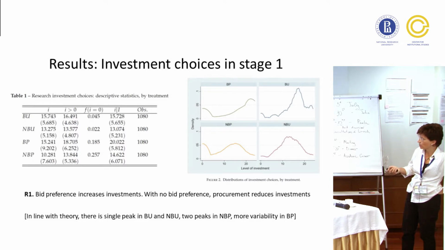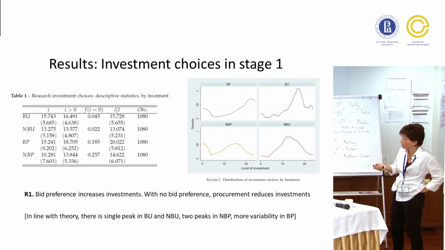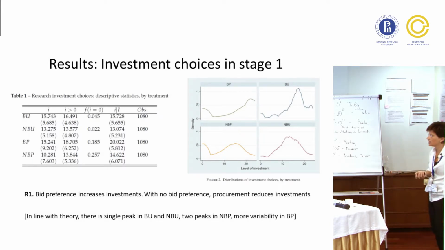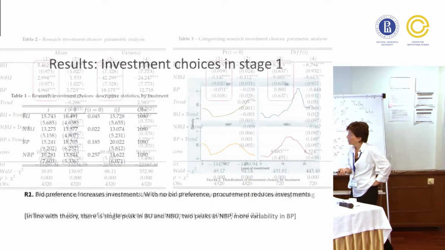And if you compare with the two treatments without, you clearly see that they are higher. And here you have the probability that the investment is equal to 0. Here you have the investment choice over the total investment, and the number of observations.